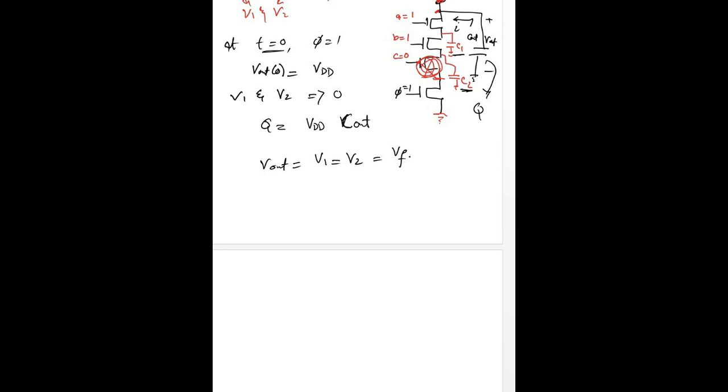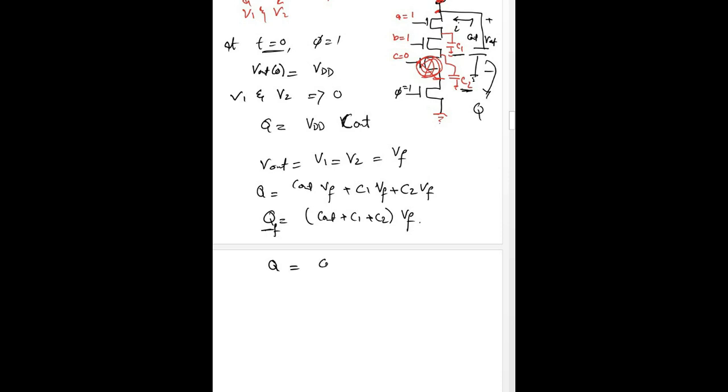The total charge Q can be written as C out Vf plus C1 Vf plus C2 Vf, because we have Vf as the final value on all terminals. So this will be equal to C out plus C1 plus C2, times Vf. By the principle of charge conservation, this final charge must be equal to our initial charge.